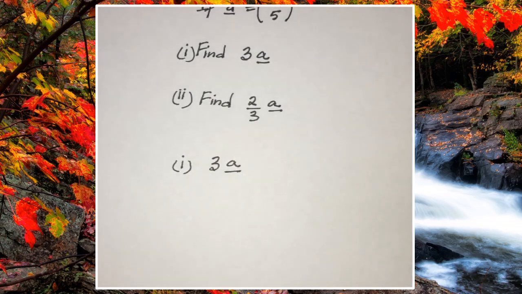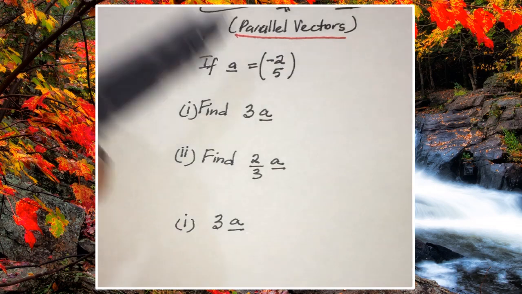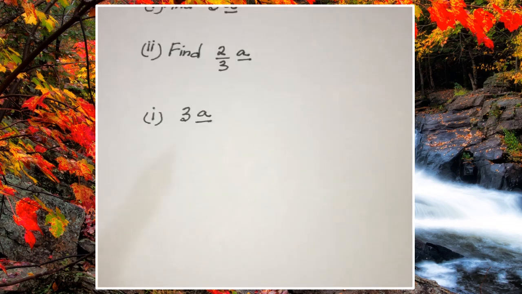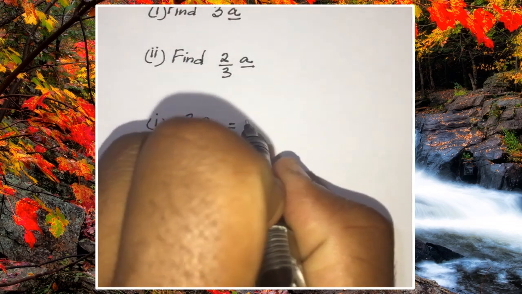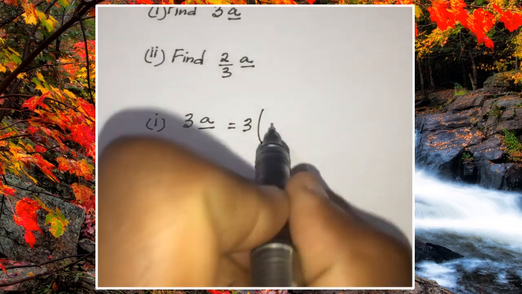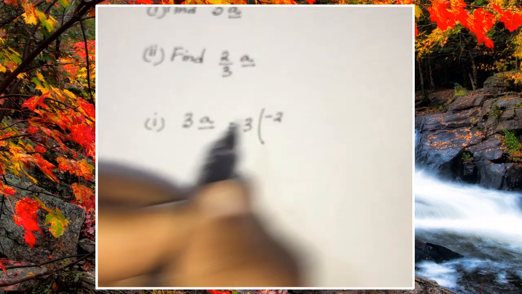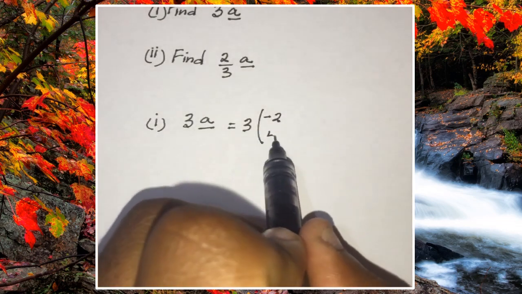We know the value of the vector a. So what this is asking us to do is to find a parallel vector that is 3 times a. So we said 3, and then we're going to put the vector a, negative 2, 5.